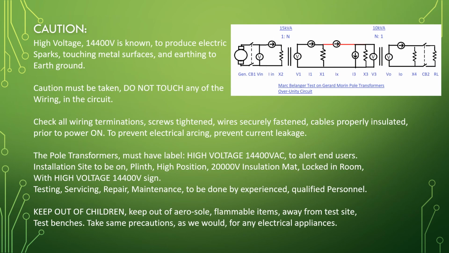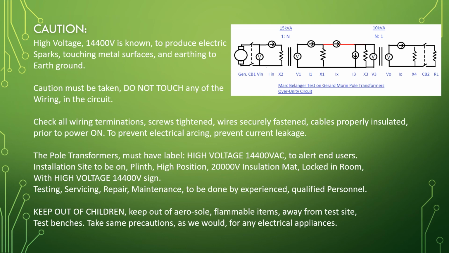Caution: high voltage 14,400 volt is known to produce electric sparks touching metal surfaces and earthing to earth ground. Caution must be taken. Do not touch any of the wiring in the circuit.